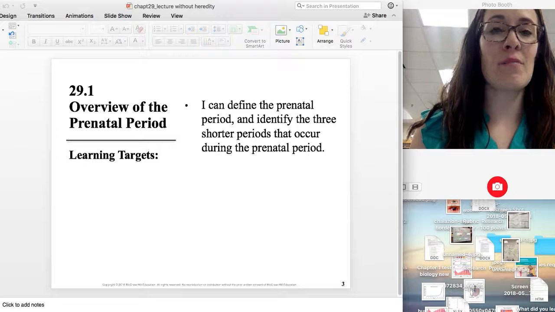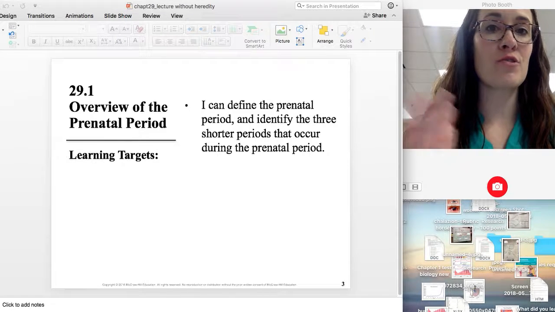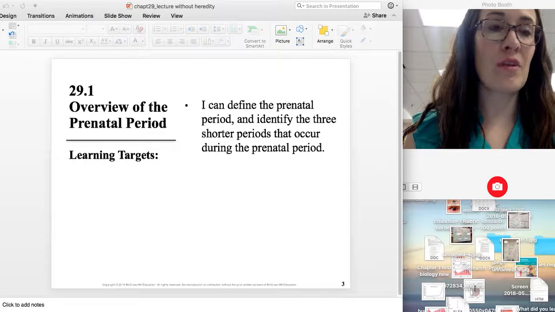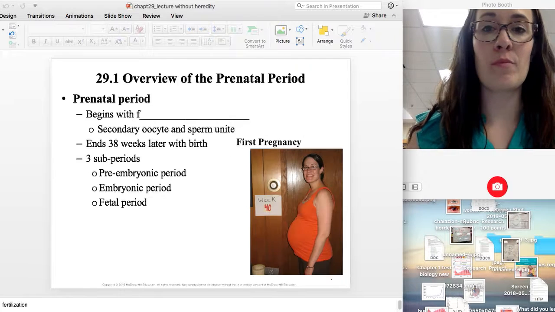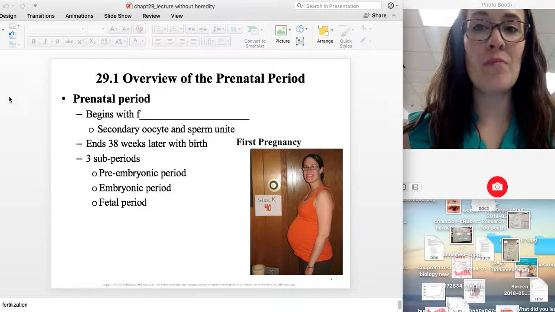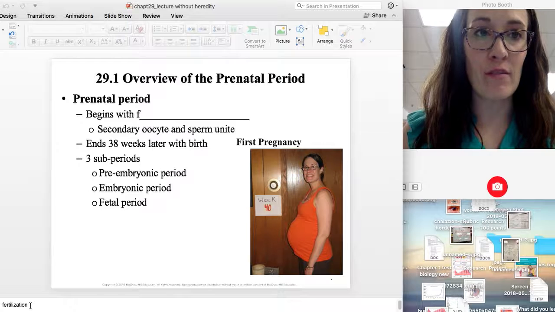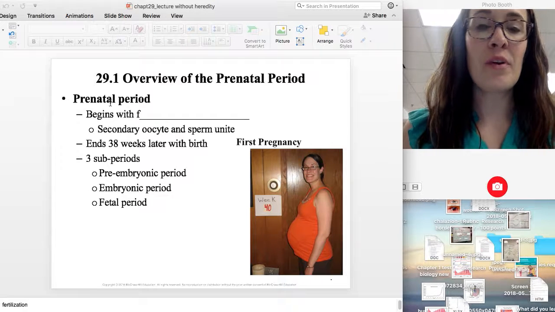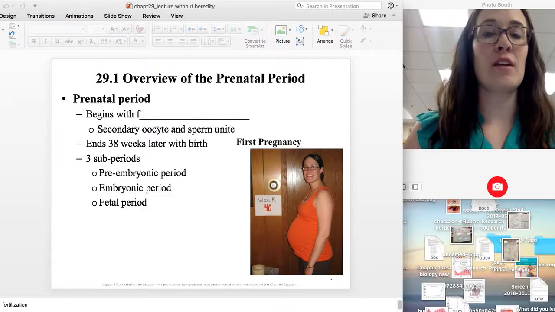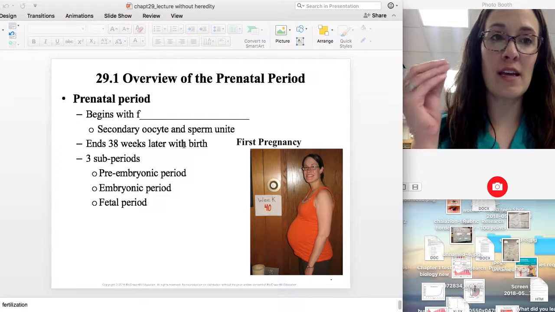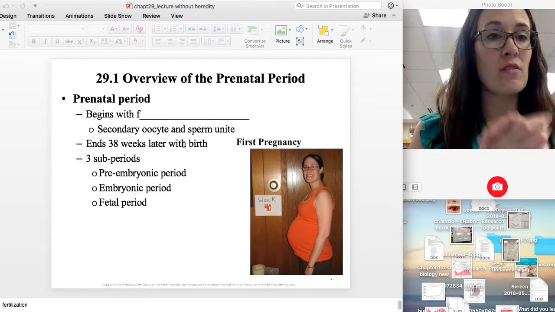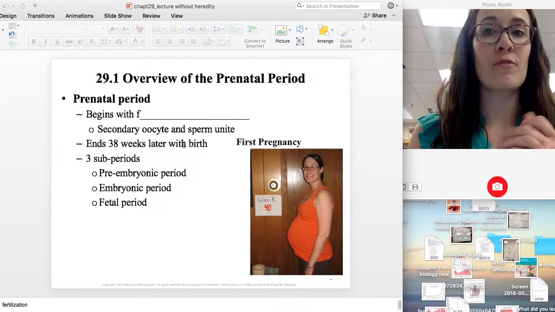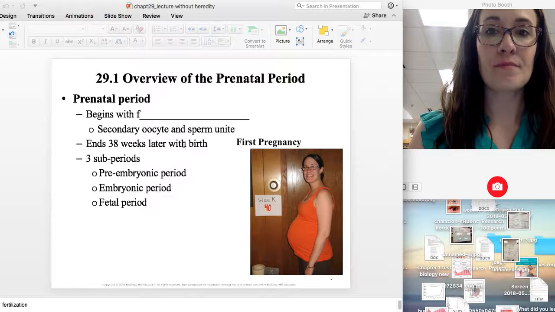So first we're going to talk about the prenatal period and the three different shorter periods within that prenatal. Prenatal means before birth. So it begins, again, in the lower left are the blanks that you should fill in. Prenatal period begins with fertilization, when that secondary oocyte, that egg, unites with the sperm, and that forms the first cell called a zygote.